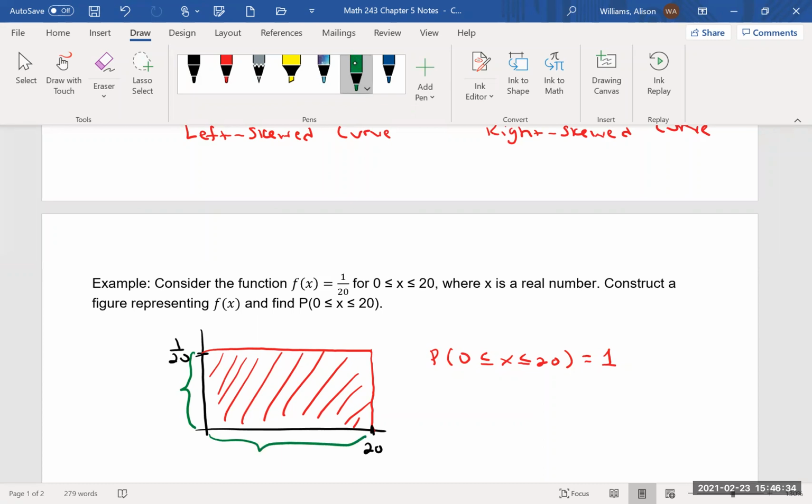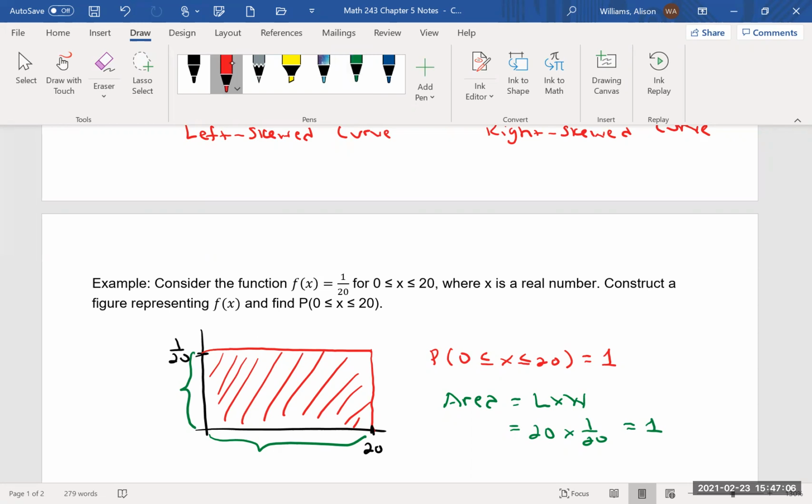I know that the area of a rectangle is length times width. So if length in this case is 20, we usually call the longer one the length, and the width is 1 over 20, well, 20 times 1 over 20 is 1. Boom, there you go. So it visually works out to be literally an area of 1. All probability curves like this are assumed to have an area of 1.